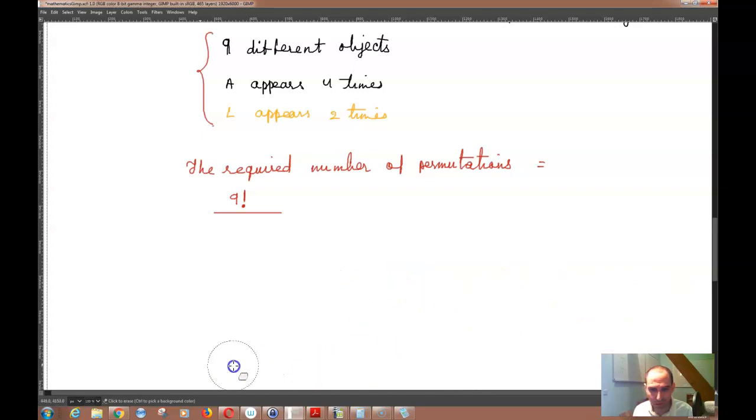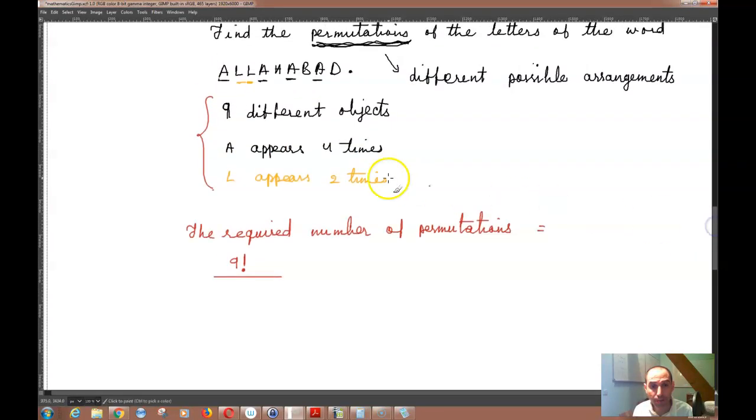So what that means is that if I had 4 objects, the permutation related to 4 objects would be simply 4 factorial. And I have another 2 objects, and I need to calculate the permutation related to those 2 objects. That would be another 2 factorial.